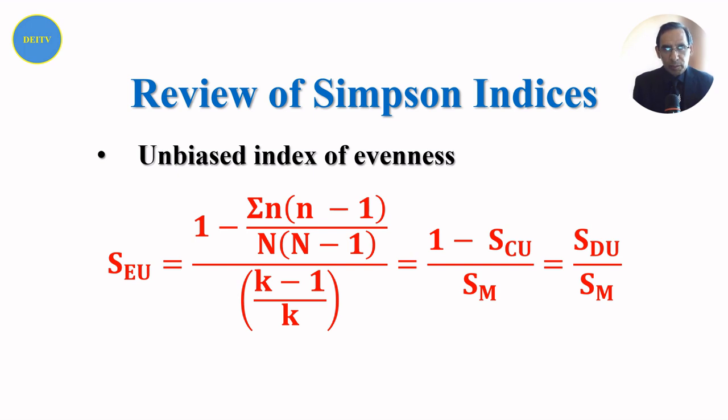So that's capital N times capital N minus 1. You divide that by the maximum score, which is represented as the number of groups minus 1 divided by the number of groups, or K minus 1 over K. Again, that gives us the unbiased Simpson evenness or standardized score.